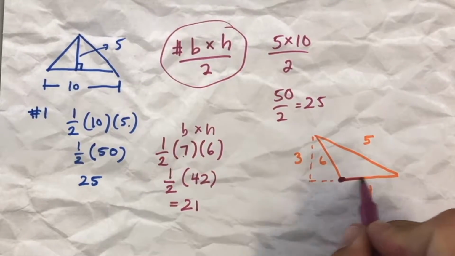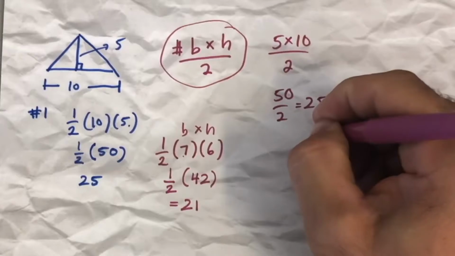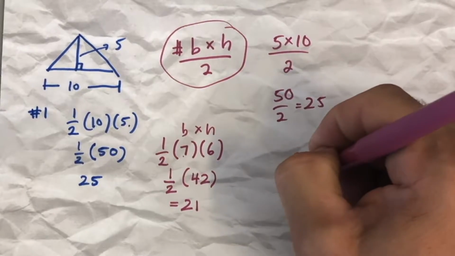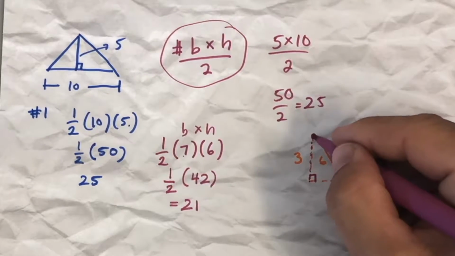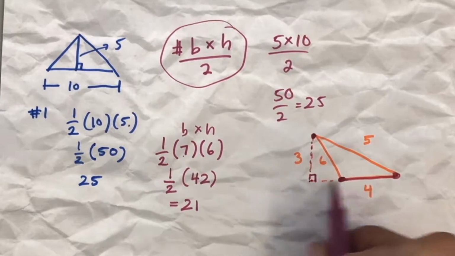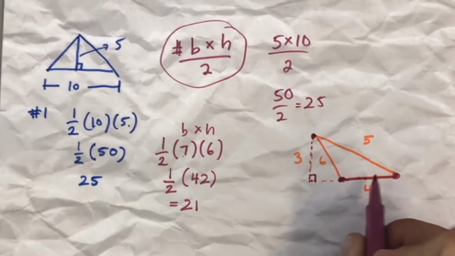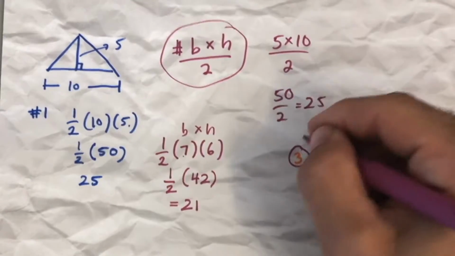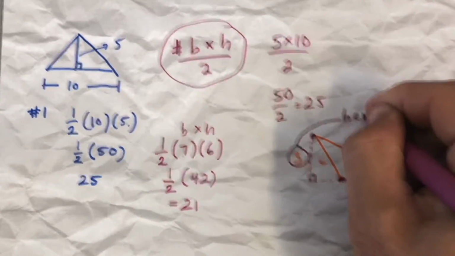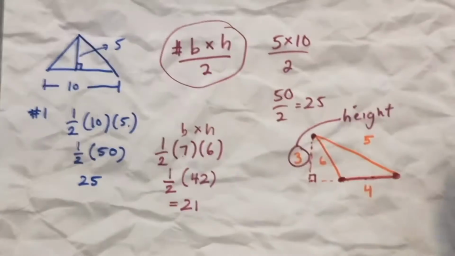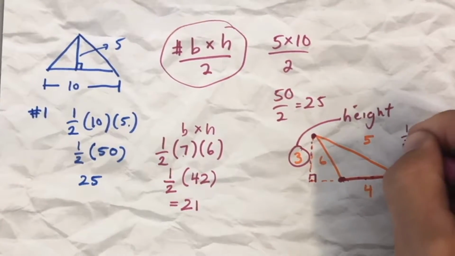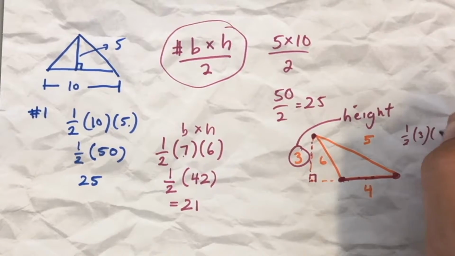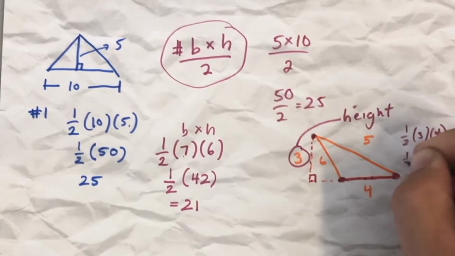So this would be your base, and this would be your height because it is the only line that's connected to the vertex perpendicular to the base, even though it's not touching the base. So your 3 here would be your height. And to solve for this, we would do 1/2, 3 times 4, half of 12, 6.